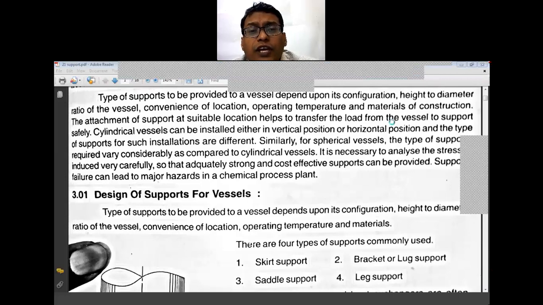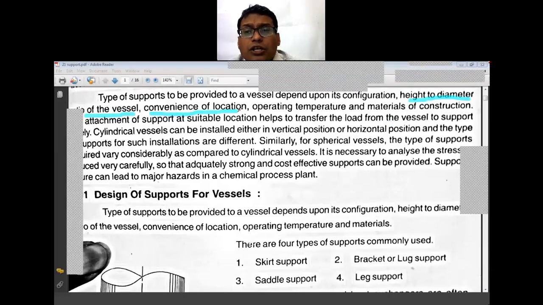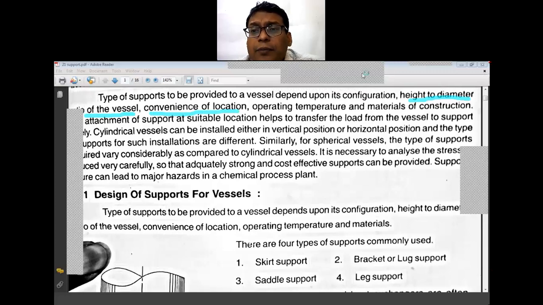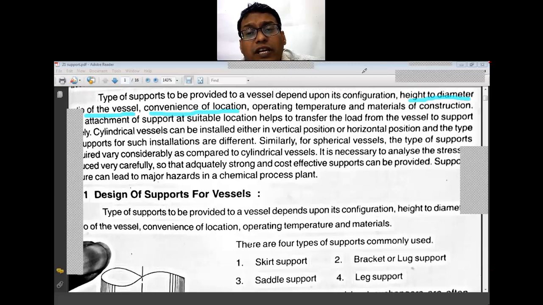Then the convenience of location, that is where it is located, whether it is inside the building or outside the building. Then it depends on the operating temperature and the material of construction.